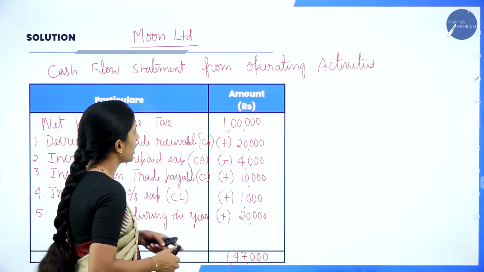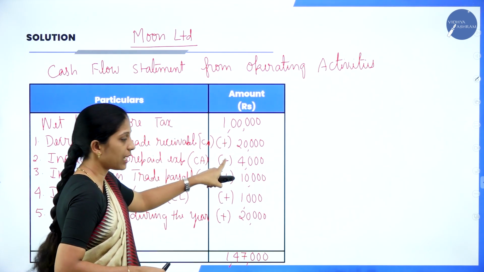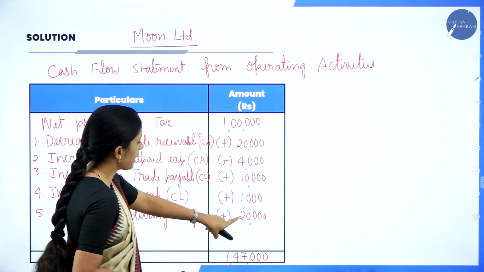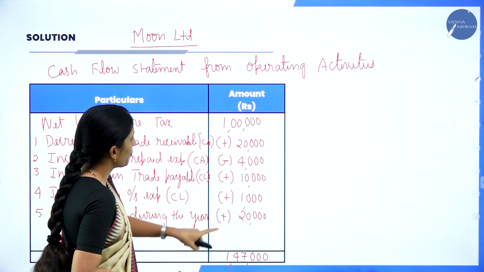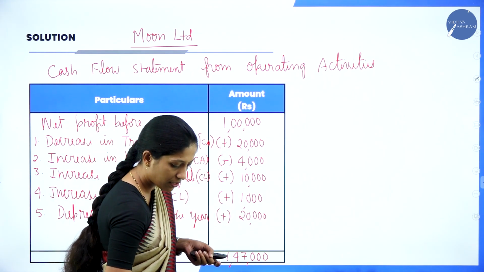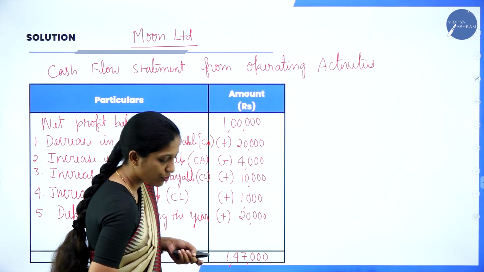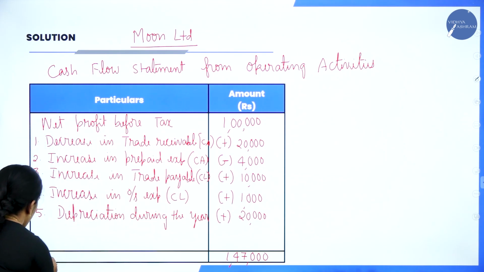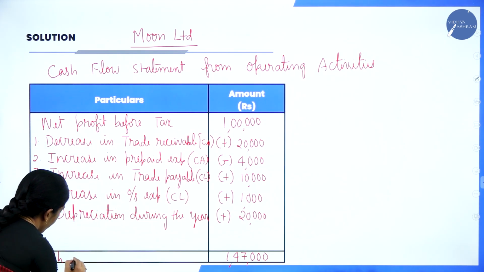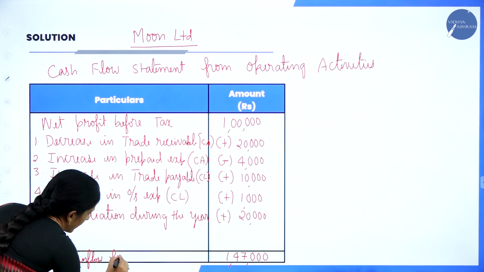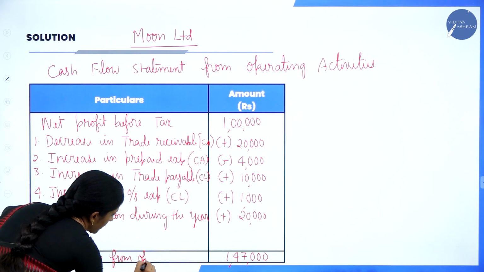Let us recheck once again: 1 lakh plus 20,000 plus 10,000, 1 lakh 30,000 plus 20,000, 1 lakh 50,000, 1 lakh 51,000 minus 4,000. So it will be 1 lakh 47,000. The amount is positive, so it is cash inflow. Cash inflow from operating activities.